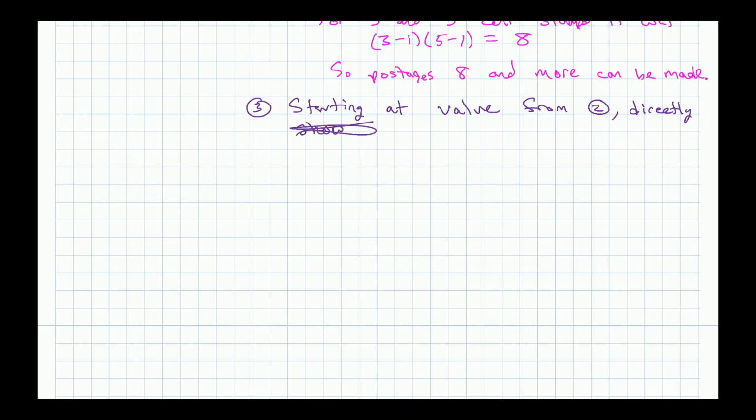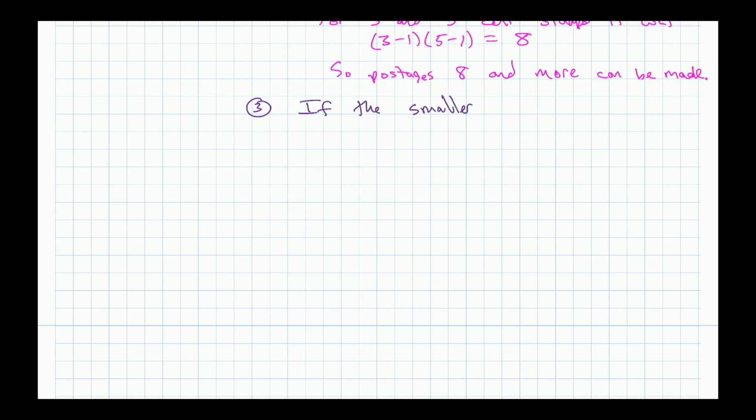I'm trying to figure out how to write this. Okay. So we know if the smaller stamp, right? So if the smaller stamp size is n, that's one of those without loss of generality type things. I don't know if n or m is smaller, but I don't want to write it both ways. So I'm just saying assume smaller size is n, right?